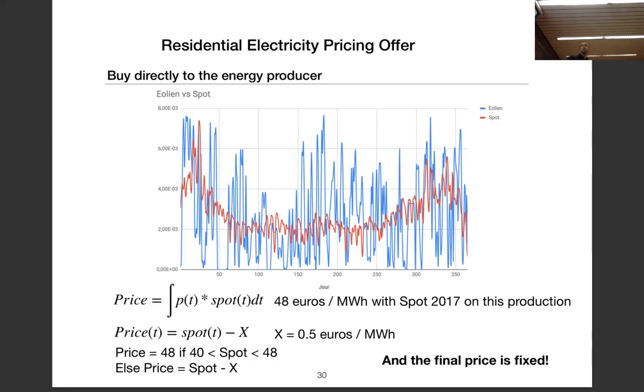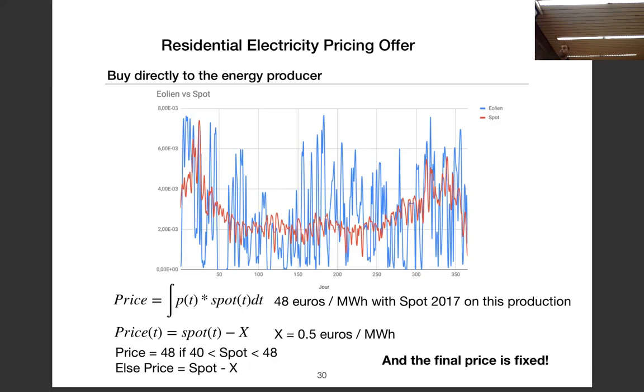And what I can do is, I buy your production at the price that is the sum of the product, on an hourly basis, of what you produce and the spot day-ahead prices. And so at the end, this integral will build a fixed price. So this is one way of doing it.